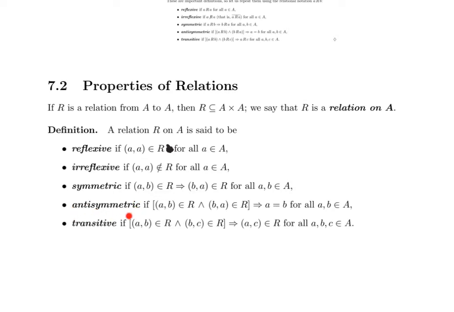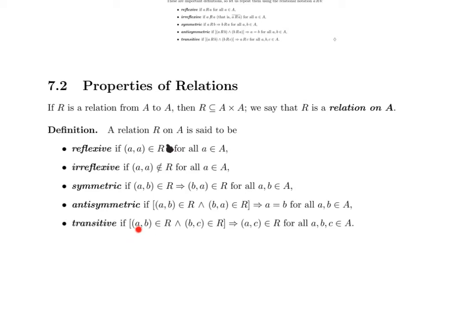Antisymmetric is one that takes some getting used to, but we'll work through some examples. If the ordered pair AB is an element of R and BA is an element of R, that implies that A is equal to B. So we'll work with that one definitely, because it needs more explanation than that.